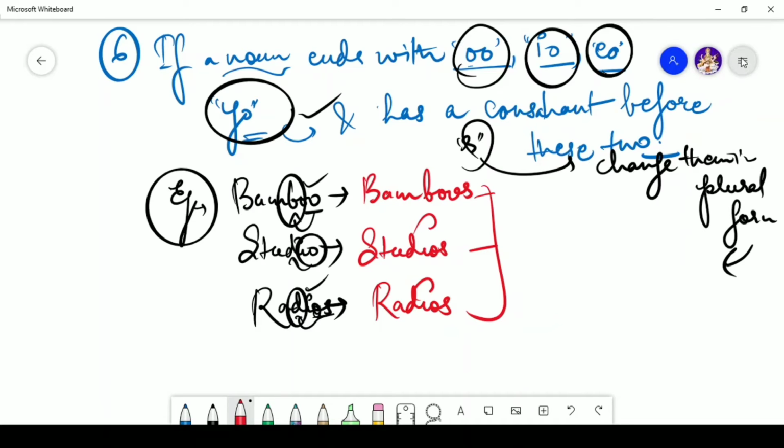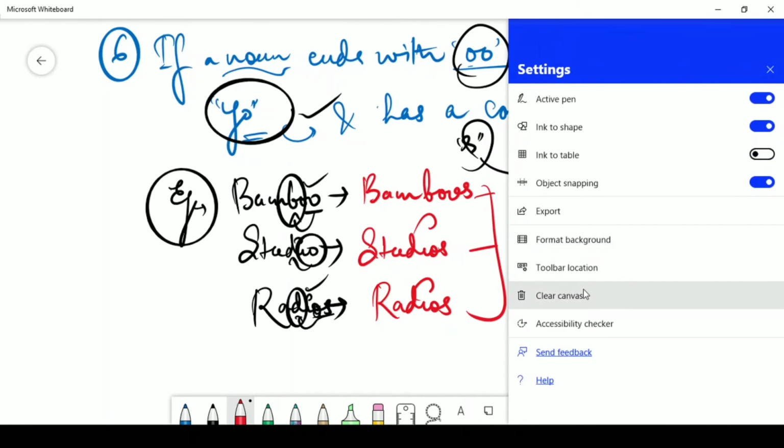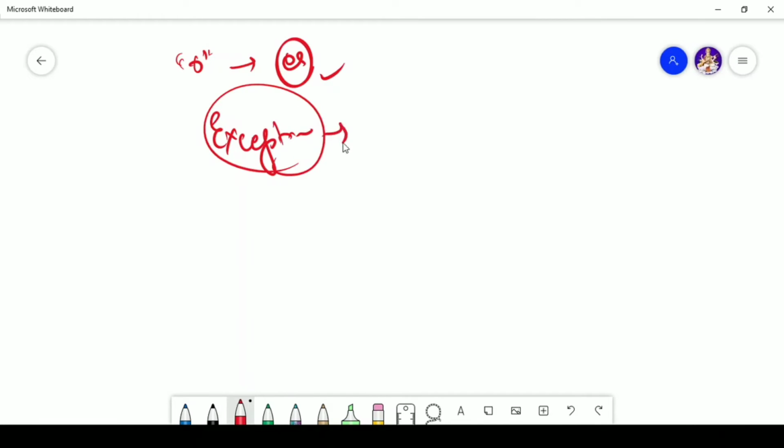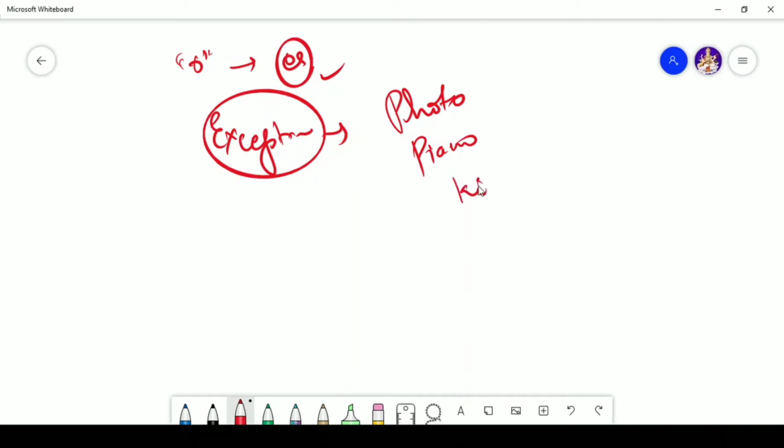Got it? Okay, I forgot to mention one exceptional case in the 5th rule, where it said that if a noun ends with O, then you have to use ES, as we talked about in the case of mango, potato or tomato. But there is an exceptional case, of words like photo, piano, kilo or weirdo.